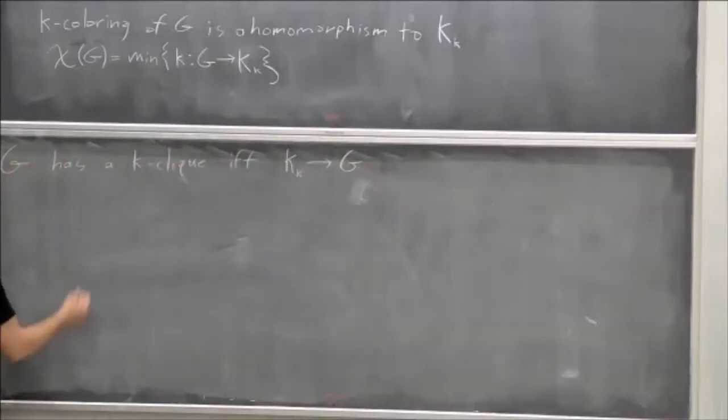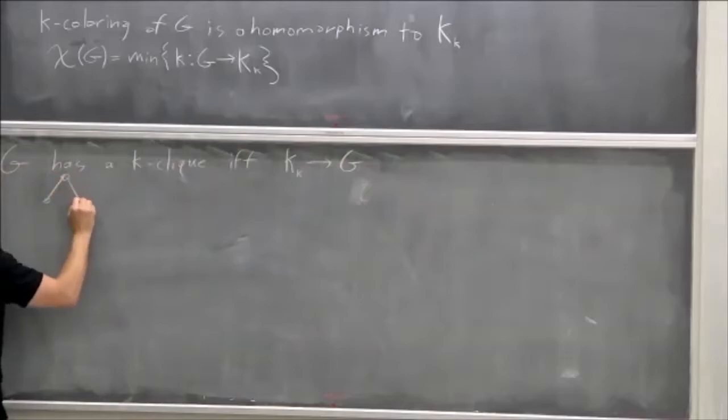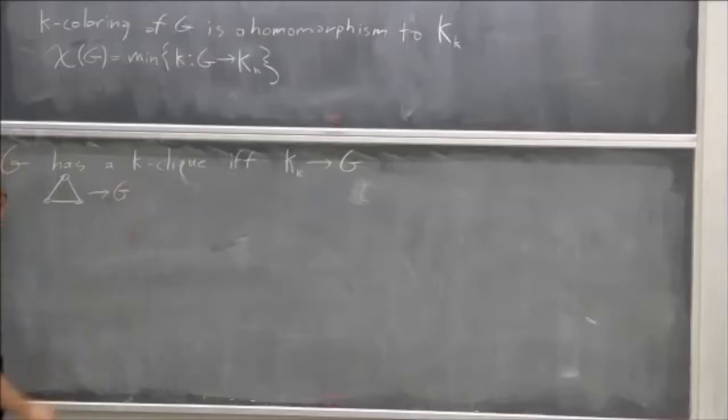Let's just think of a triangle. If I want to map a triangle, a K_3, to my graph G with a homomorphism, well, all 3 of these vertices are all adjacent, so these 3 vertices have to get mapped to 3 vertices in G that are all adjacent to each other, which means I get a 3-clique in G, and similar for larger values of k.